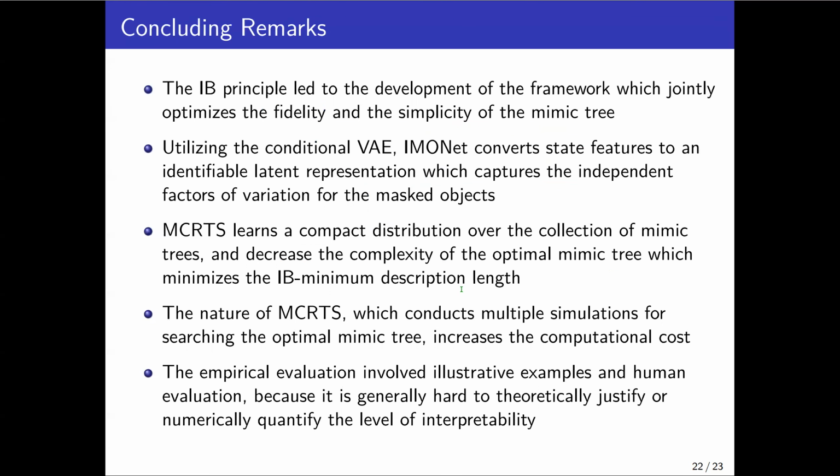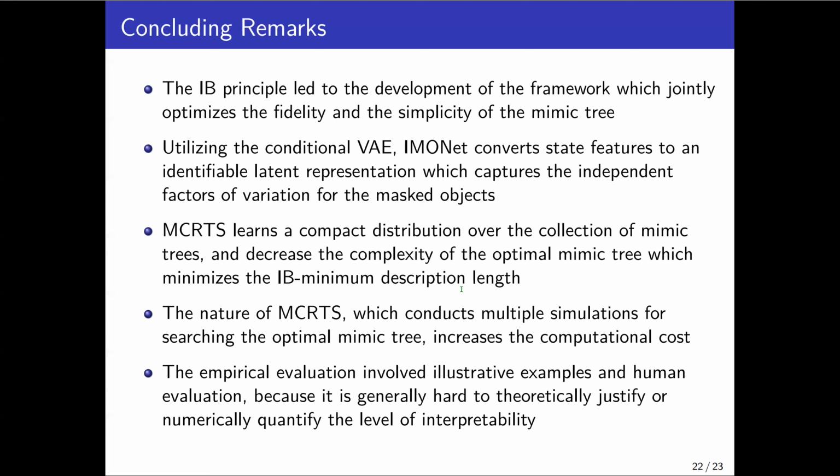In conclusion, we are referring to the information bottleneck principles. The author developed a framework which jointly optimized the fidelity and the simplicity of the mimic tree. Especially utilizing the conditional extension of the variational autoencoder, IMONet converts state features into an identifiable latent representation, which captures the independent factors of variation for the masked object.